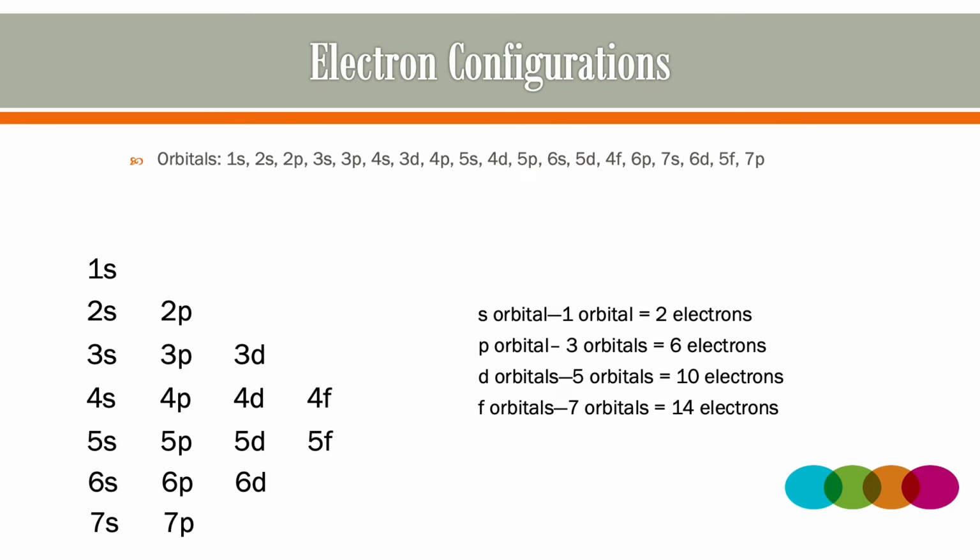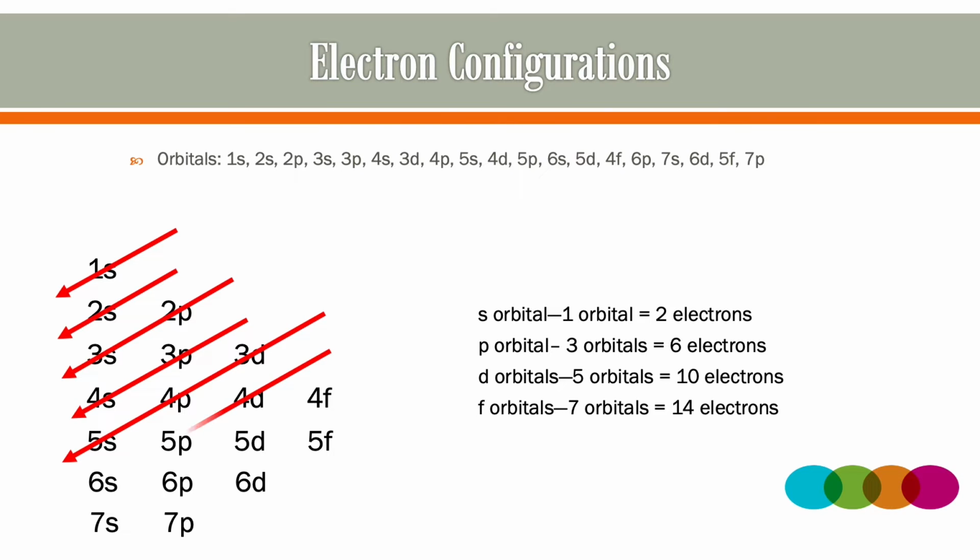Then, draw diagonal lines starting with the 1s orbital as shown. Then follow these lines in order to know which orbital comes next. You must remember how many orbitals there are, and that up to 2 electrons can occupy each orbital.